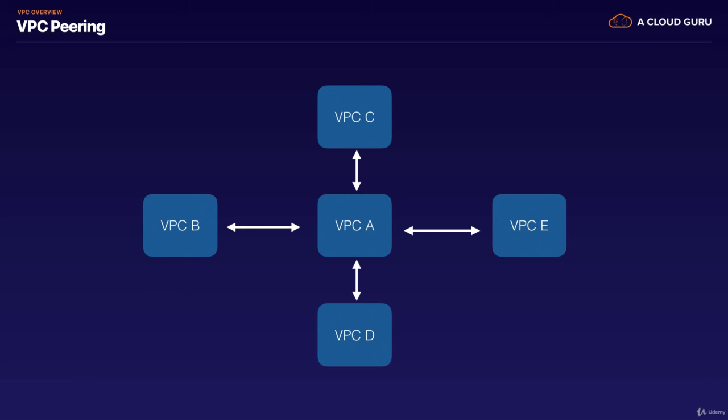So let's have a look at what transitive peering means. So let's look at VPC B. VPC B is peered with VPC A, so the instances in this VPC can talk to the instances in this VPC.